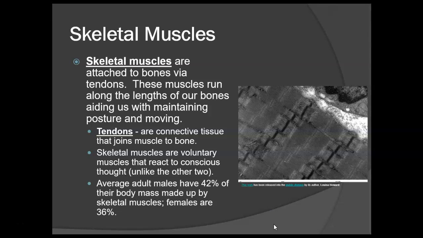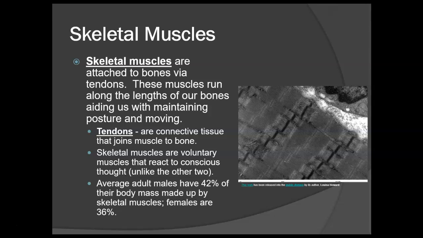So the last type of muscle you need to know are skeletal muscles, and these ones appropriately are attached to bones. Muscles are attached to bones via tendons, and just for argument's sake, when we're attaching bone to bone, it's done through a ligament. So if you damage a ligament, that's an attachment between two bones.